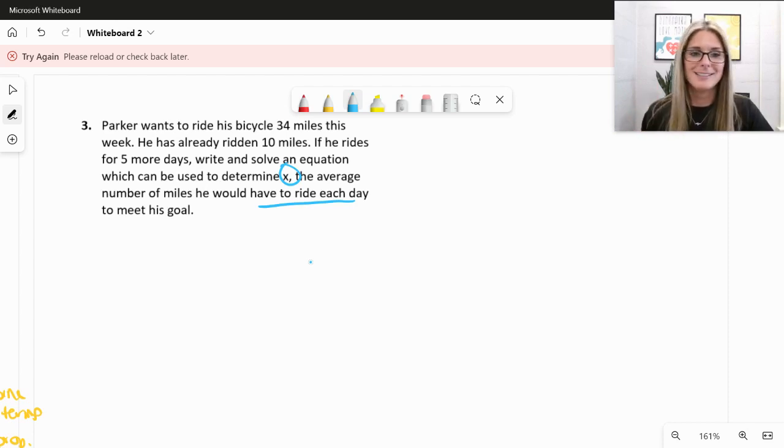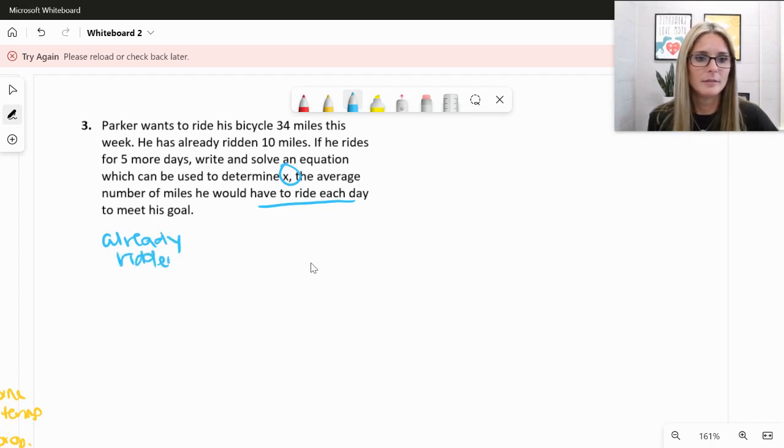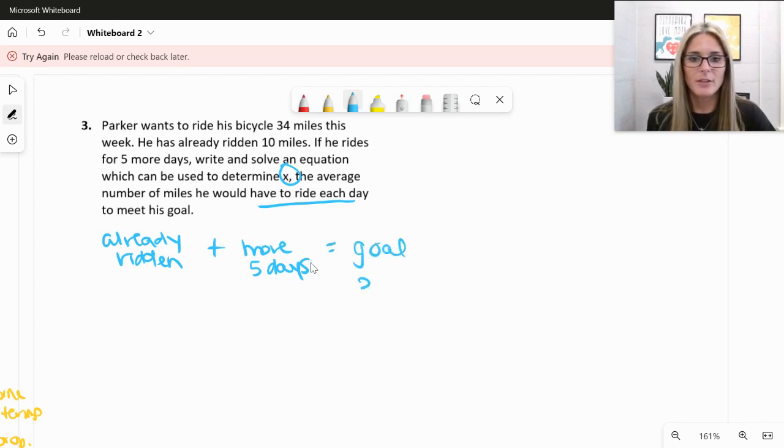You seeing it? All right, so we have already ridden, and we're going to ride some more for 5 days. That needs to equal our goal. That goal being 34 miles total.